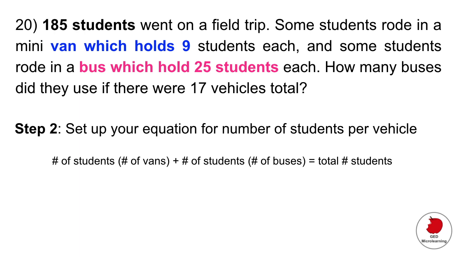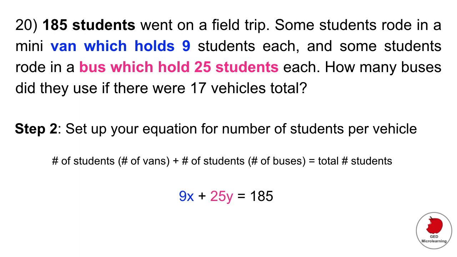All right, so the vans, they're in blue, hold 9 students each, and we said that the van was the value for x, so we're going to say 9x plus the number of students on the buses, 25, multiplied by the number of buses. Remember that buses was going to be y. And all of this is equal to 185 students.